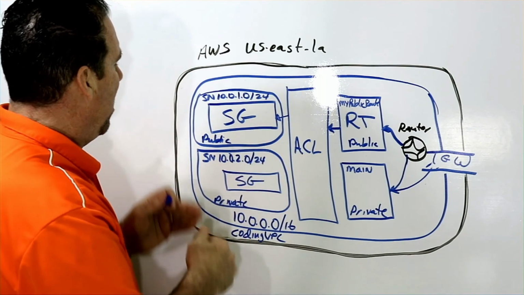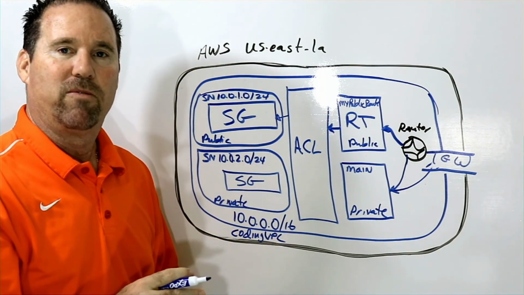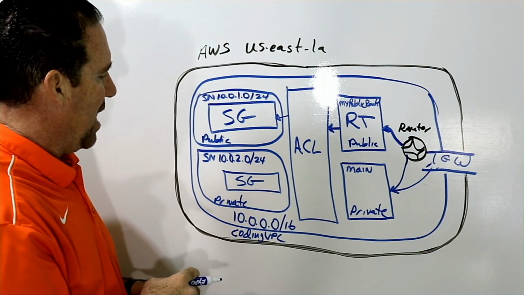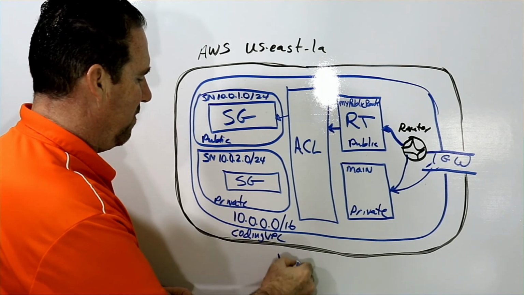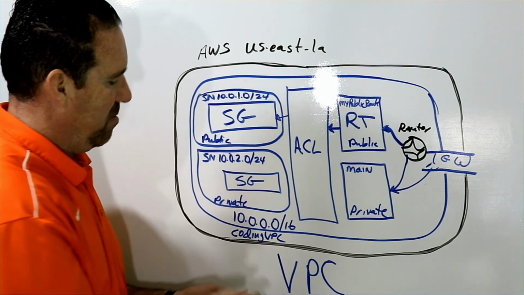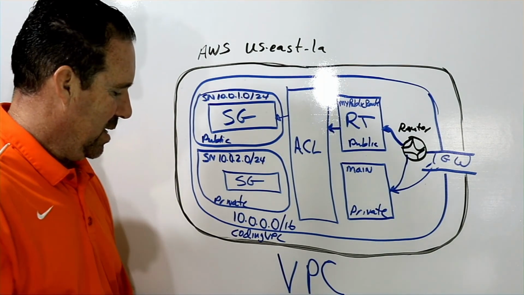That's kind of fun. And then comes in here, and it can either get into a public or a private, depending on who it's coming from and their credentials. Okay, so there it is. That is your VPC, Virtual Private Cloud. All right, and that's it.